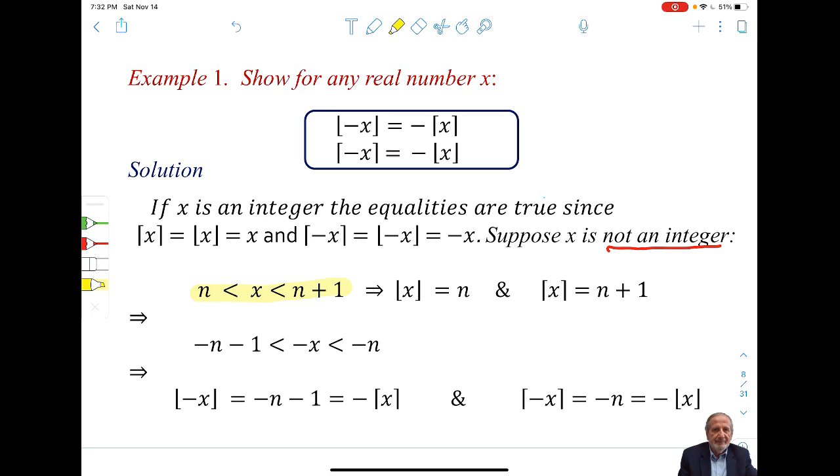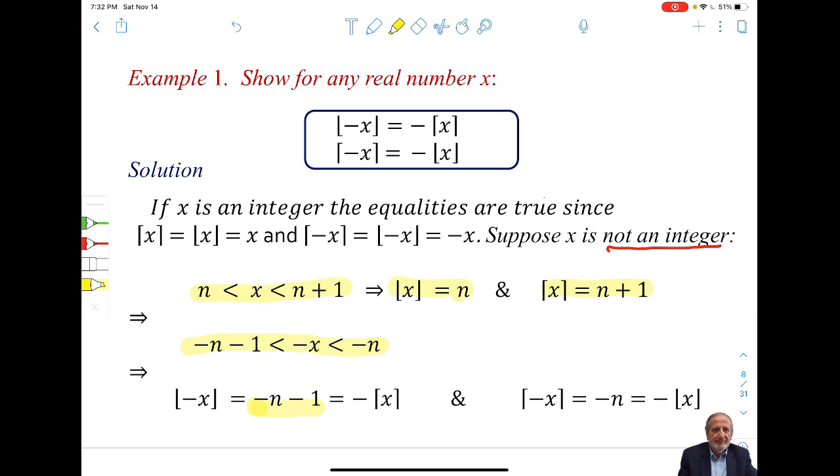I need the floor function of x, which is n. The ceiling function of x is n plus 1. Now take minus x. Minus x is between minus n minus 1 and minus n. So now what is the floor function of minus x?